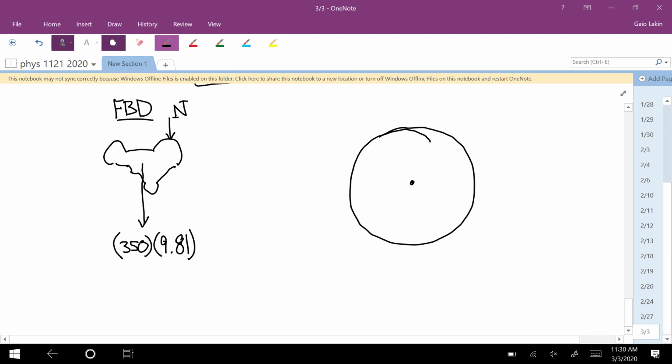So there's a velocity vector this way, and it has a magnitude capital V. And there's a centripetal acceleration this way.